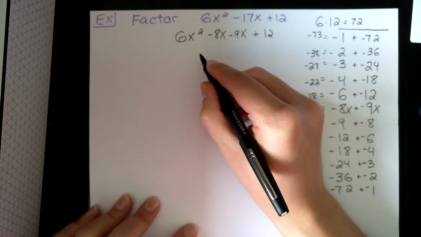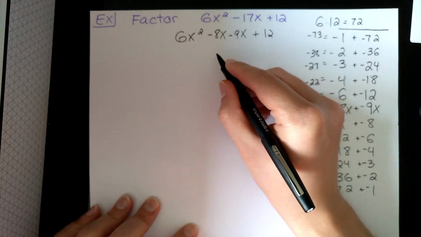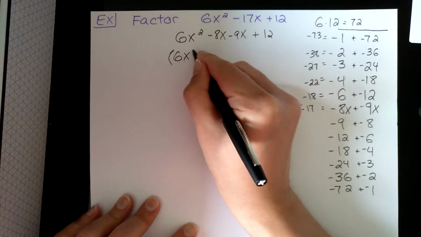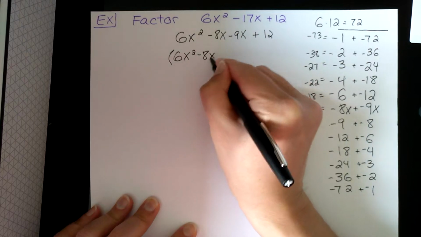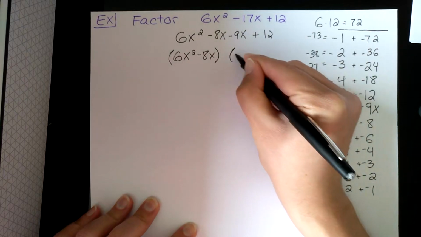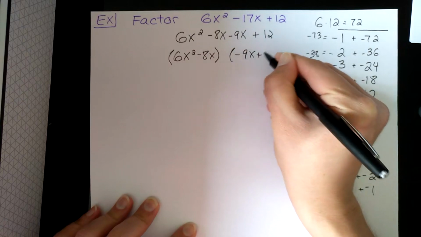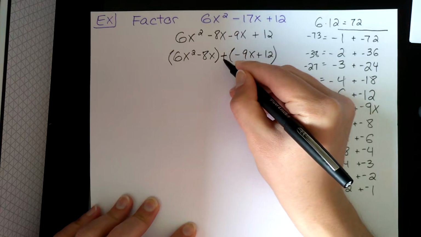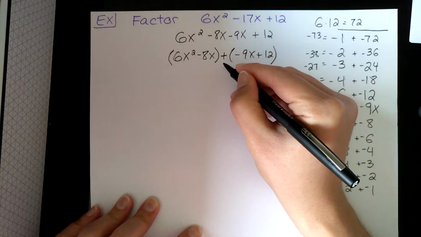And now we are going to apply factor by grouping. We're going to group together 6x squared minus 8x and negative 9x plus 12, and we are going to make sure they are being added together.